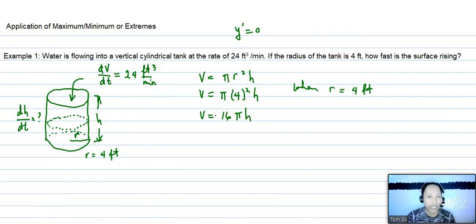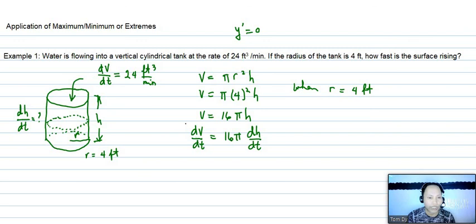This time we apply the derivative. That means we have here the derivative of V with respect to time, which is equivalent to 16 pi times the derivative of height with respect to time. So we apply the derivative with respect to time. We have dV over dt, and then we have 16 pi times dh over dt.